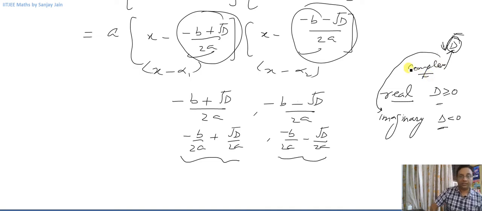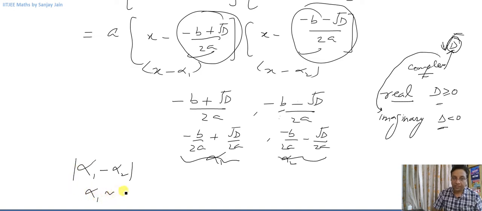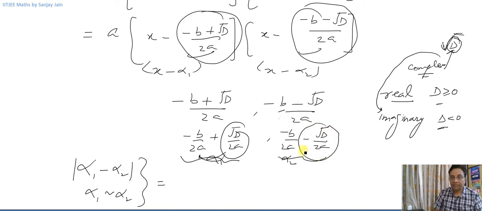So one of the things we can deduce is this, and the second thing is that both these roots, let us say this is alpha 1 and this is alpha 2. So if I want to find the difference between alpha 1 and alpha 2, or if I denote the difference like this, what will be the difference? See, there is this added to minus b by 2a, and there is this term subtracted from minus b by 2a.